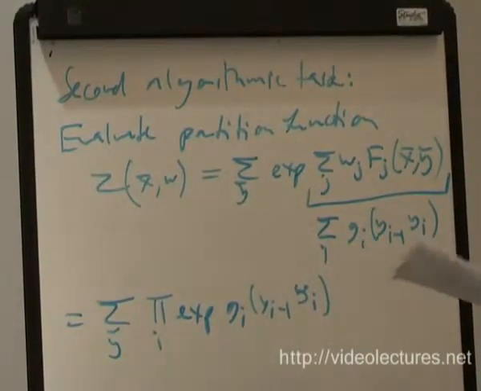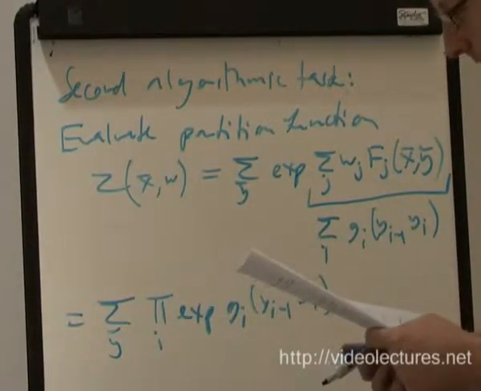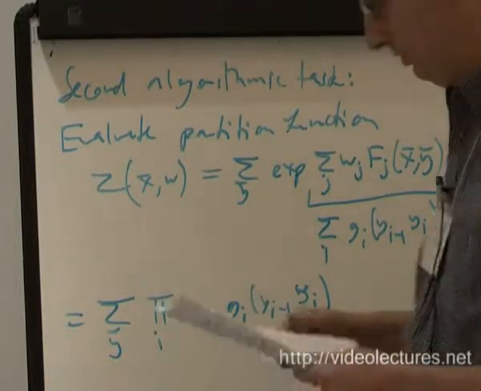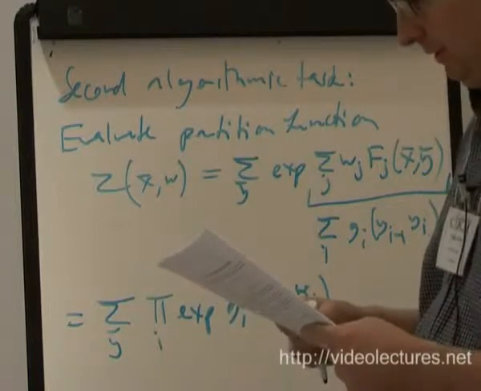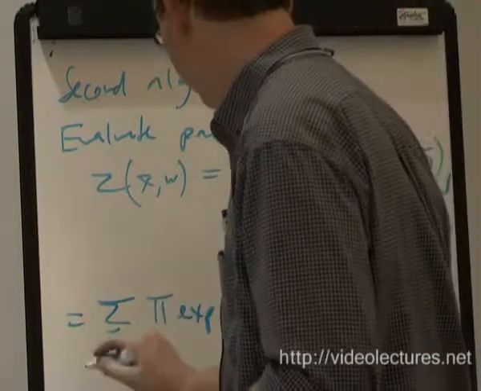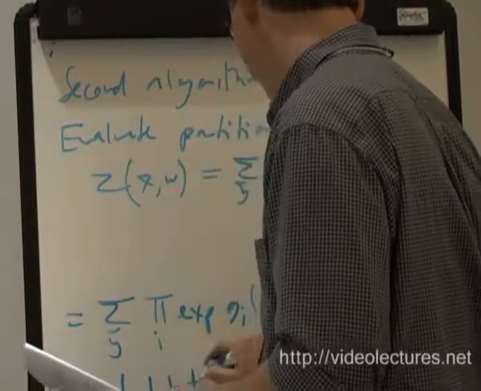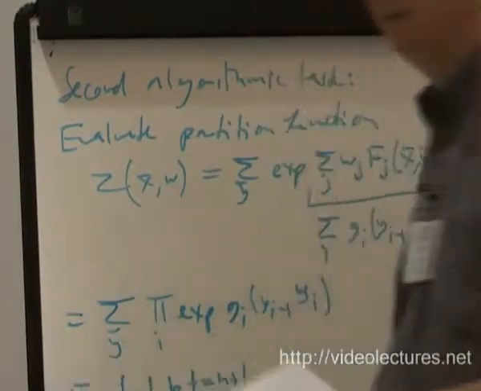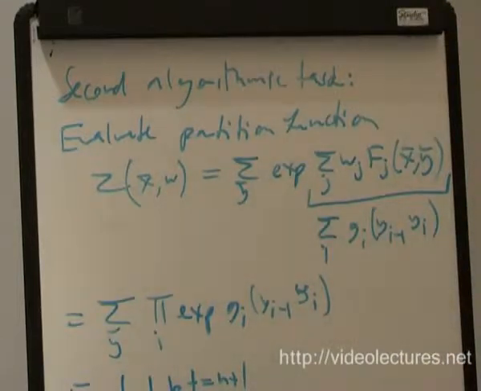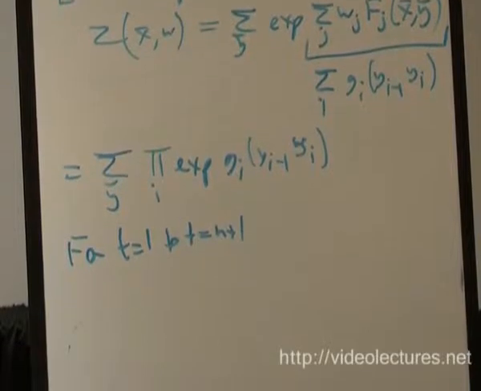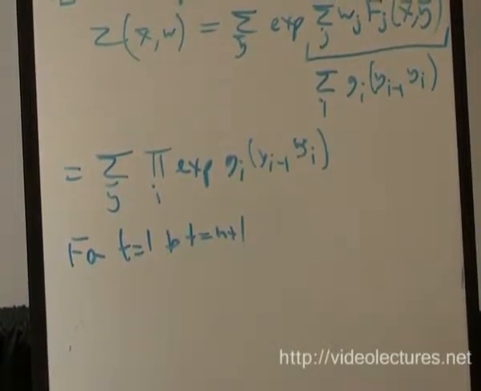But I'm going to come up with some tricks. So for t equals 1 to t equals n plus 1, so I'm using t as an alternative to i. So i ranges over the positions in the sequence, and t is going to range over the positions in the sequence also.